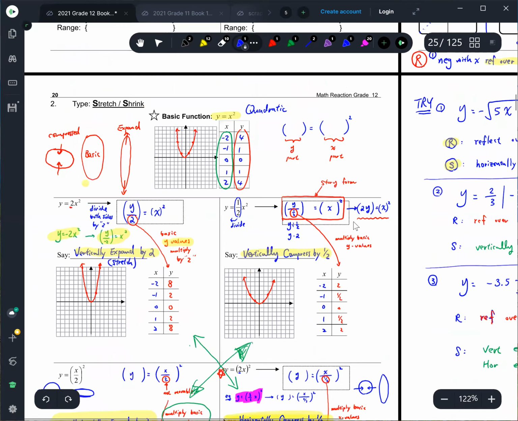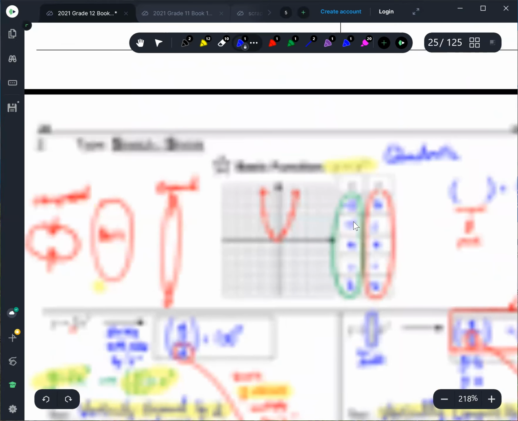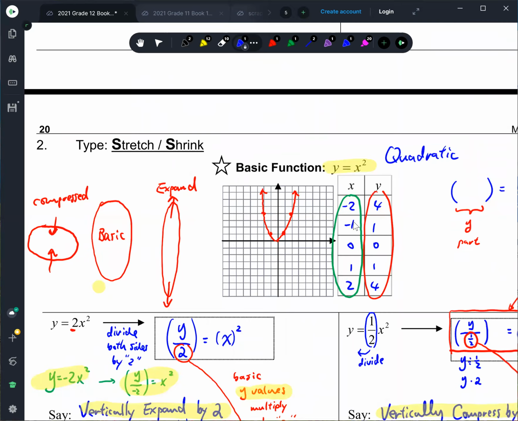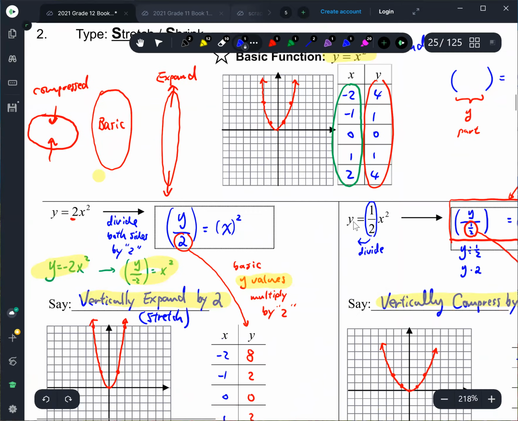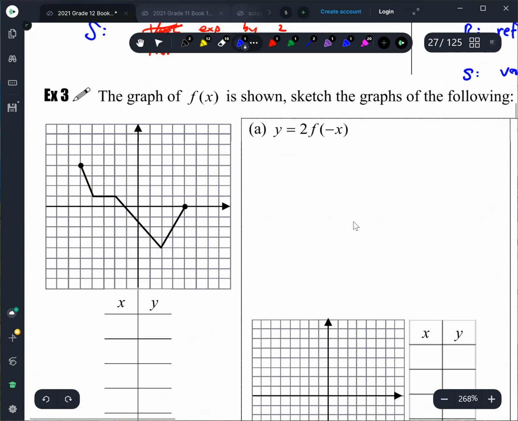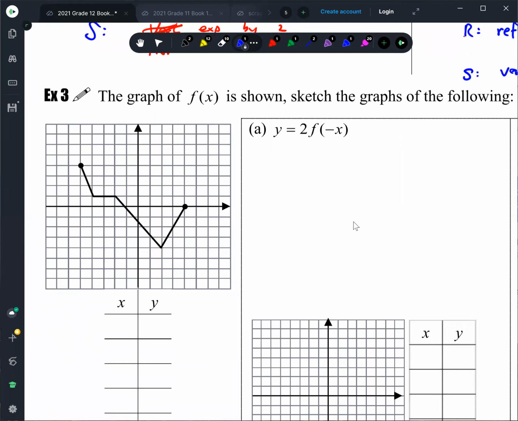Instead of a basic parabola, this is the one we saw before. We have a basic graph that looks like an upside down, or you can think of it like a swimming pool. Here's water, here's the shark in the swimming pool, okay?